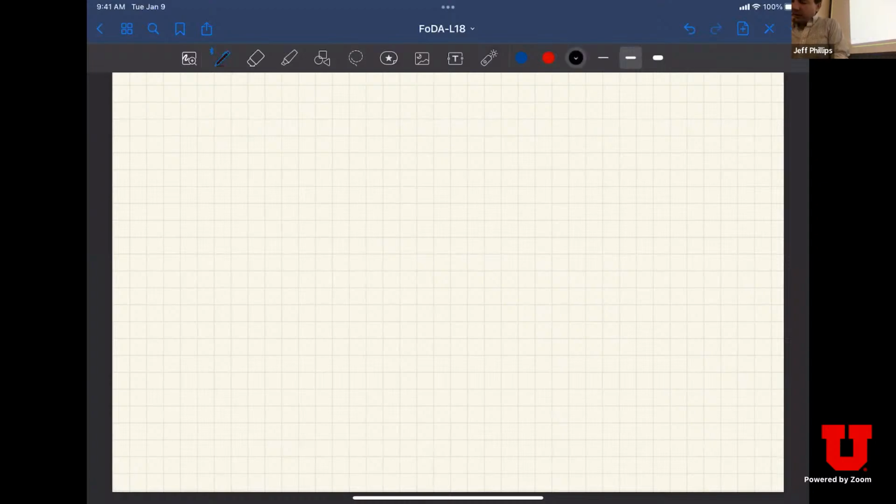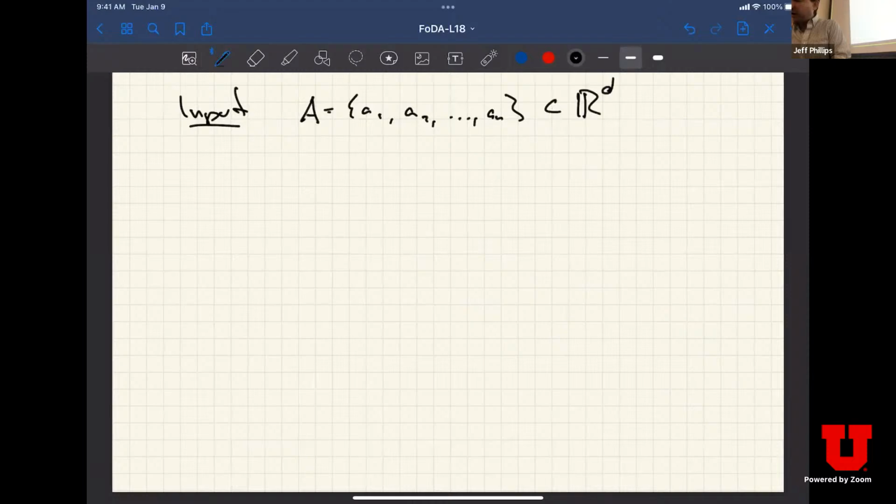Okay, so our input in this setting is going to be some data set, a_1, I'm going to use A for reasons that maybe will be clear, up to a_n. And each of these is going to be an element of R^d. And I'm going to say that d is big, whatever it means to be big here.